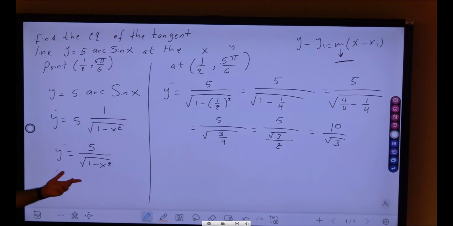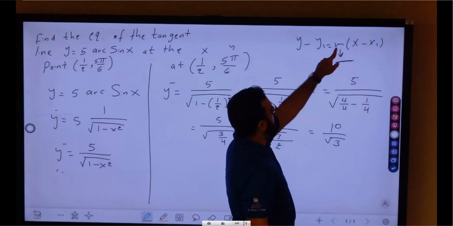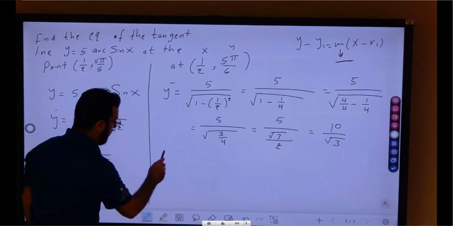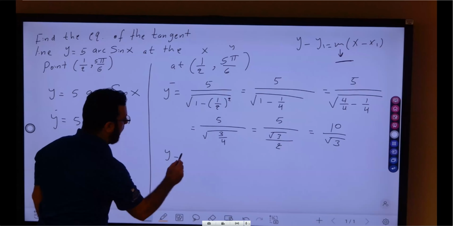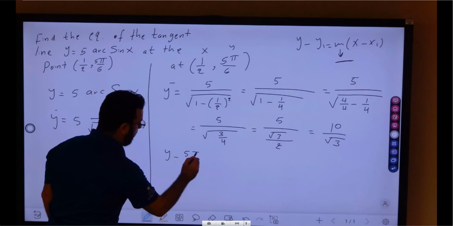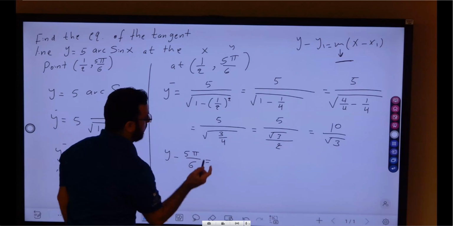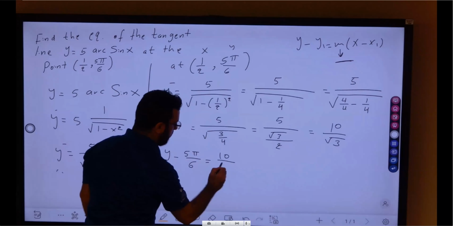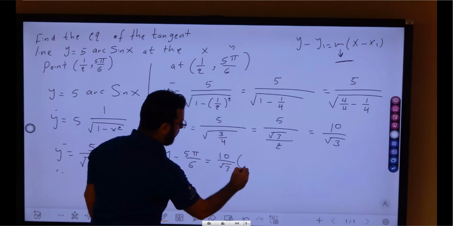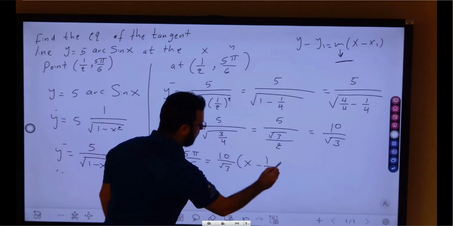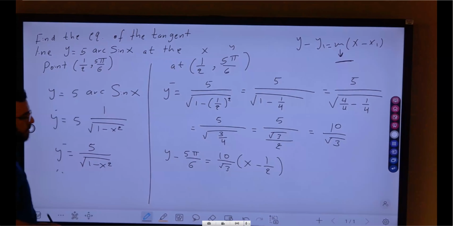We're just going to plug in the slope here and plug in the point. That means y minus y1, which is 5 pi over 6, equals the slope times x minus half. What's the next step? Move this one here.